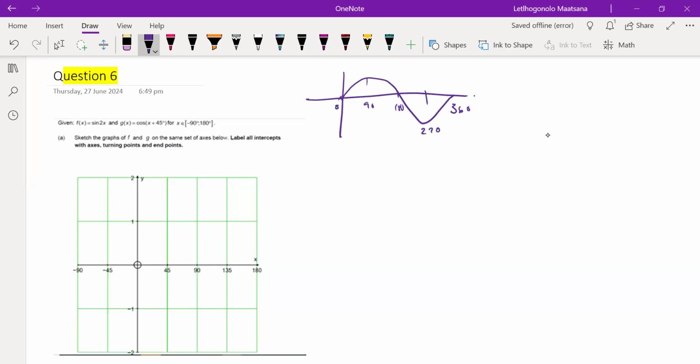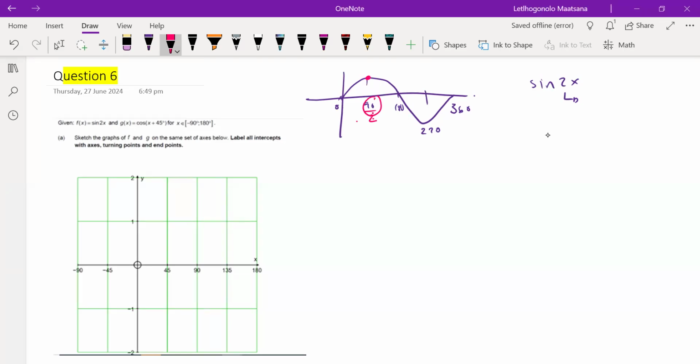Now, when we have our sine of 2x, it means that we have decreased the period. So it goes on for a shorter period. That means that this value of 90, where we find our maximum, will not be at 90 anymore, but will be at 45.